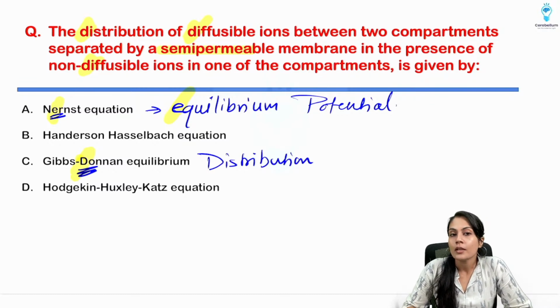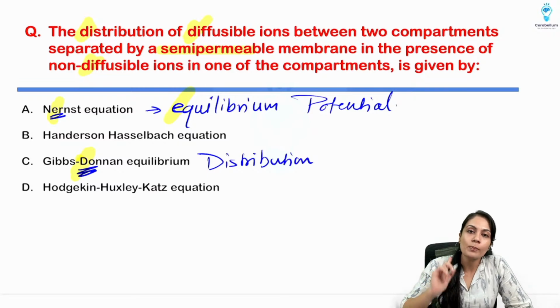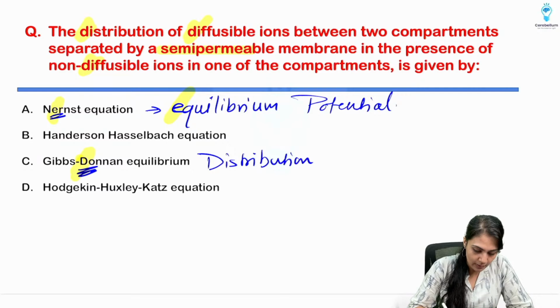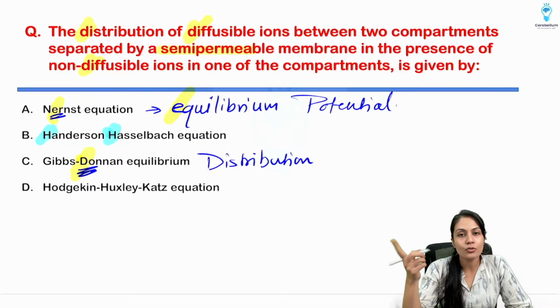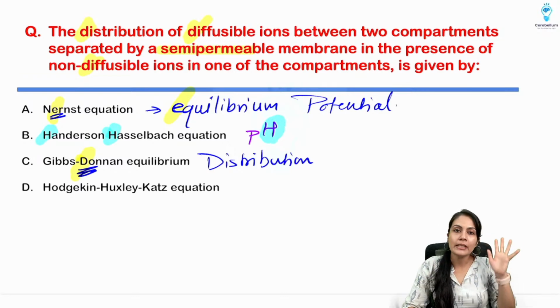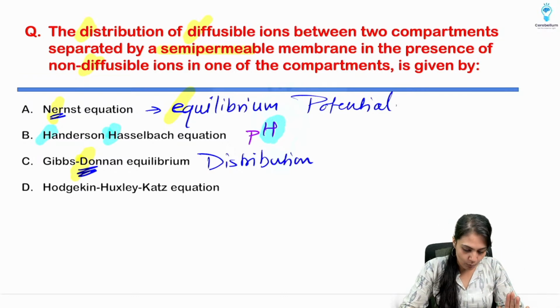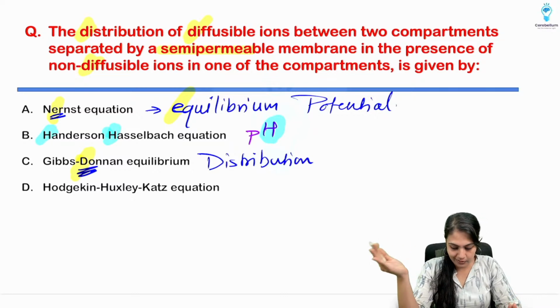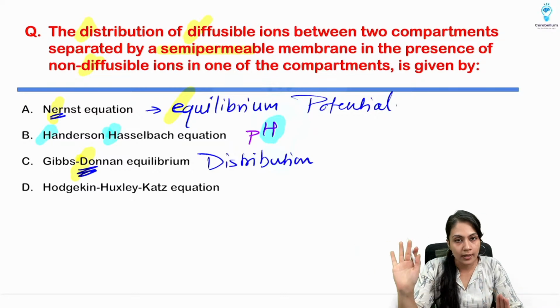Henderson-Hasselbalch equation, that is HH coming. So please remember, it is for pH, right? Hydrogen ion concentration, usually we talk about pH. So HH is for pH. Remember that. And what about the Hodgkin-Huxley-Katz equation? There is no such thing, right?